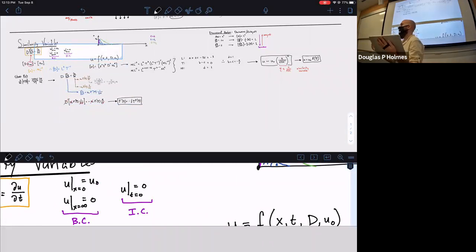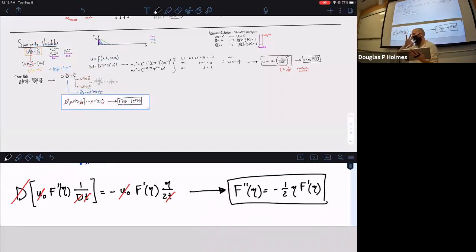Because of that, when we have this similarity variable, those conditions are identical. And so then we're left with 2 conditions, one corresponding to what's happening at time and space equal to 0, and one that's happening at infinite time and space. So we end up starting with 3, and now we're down to 2.